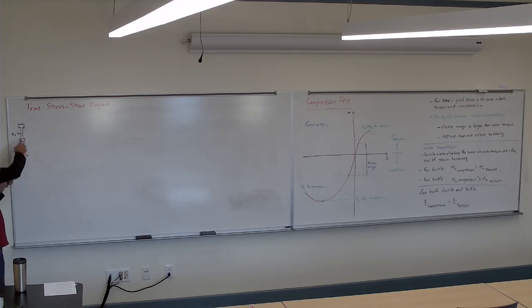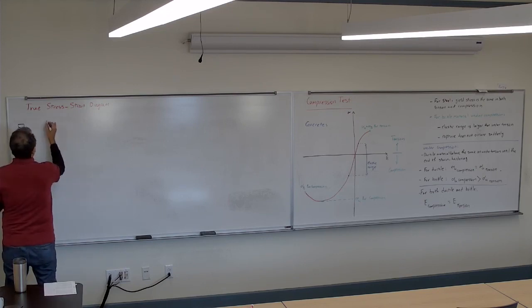But in reality, we know that when we stretch it, it's going to become narrower and narrower and narrower. So the A is going to become smaller and smaller, correct? Those curves that I drew are what the engineer uses. We assume the cross-section area stays constant, doesn't change throughout the process. But if you consider the change in the cross-section area, something else happens, so you're going to have something like this.